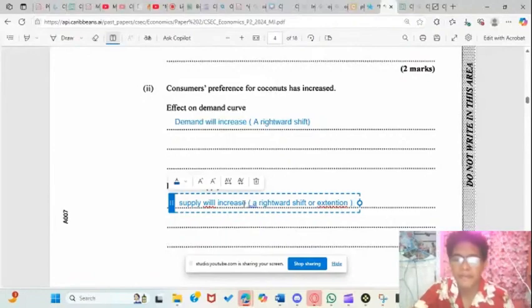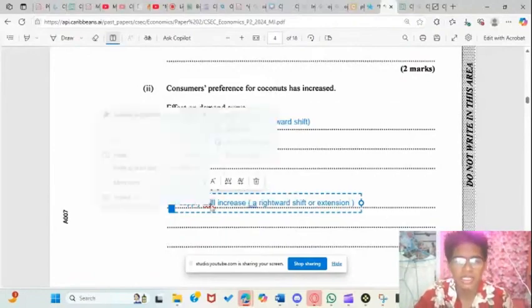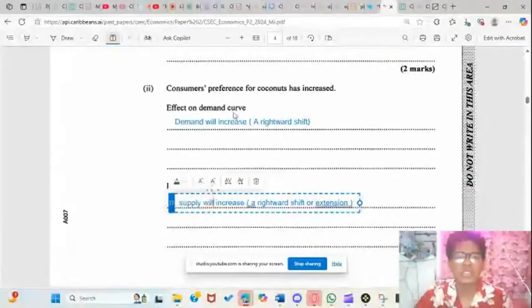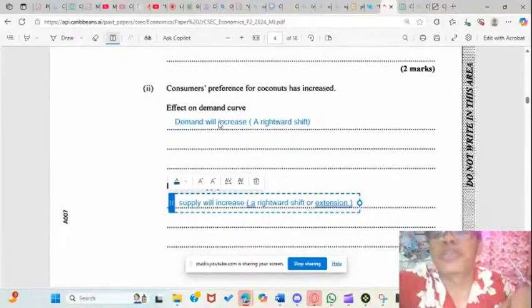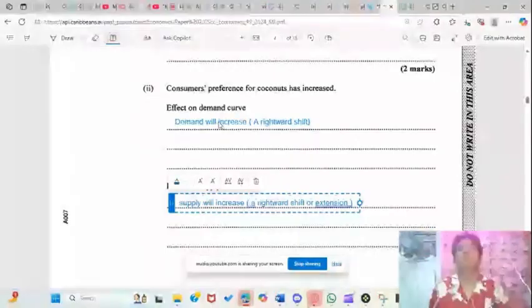So we have all our points down, and that is it for those two answers. Effect on demand curve: demand will increase because people want it more now.